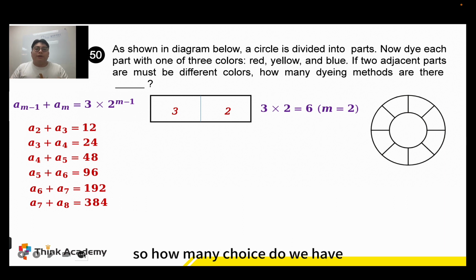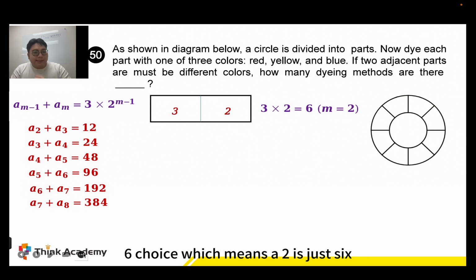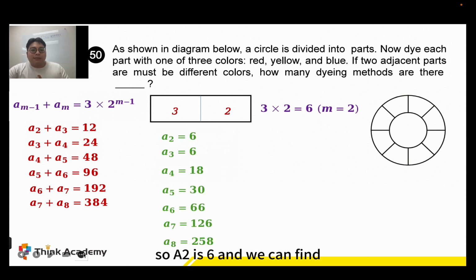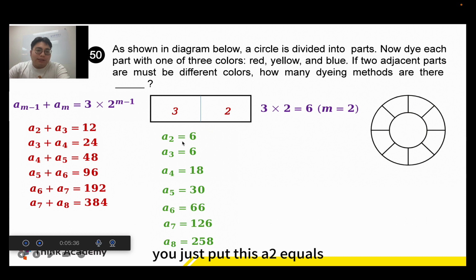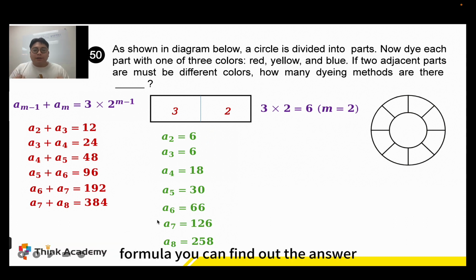So A2 is 6. Then we can find that A3 is also 6, A4 is 18, A5 is 30, A6 is 66, A7 is 126, and A8 is 258. You just put A2 equals 6 into the formulas on the left and you can find the answer.